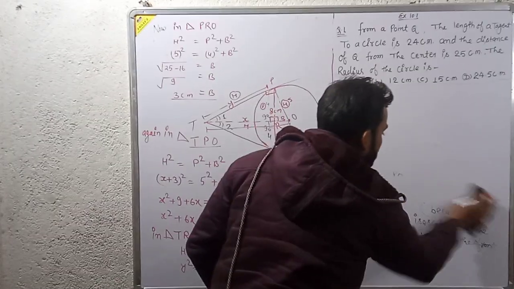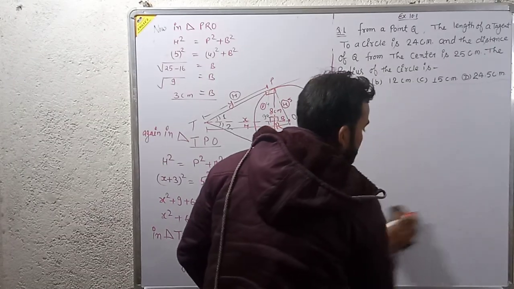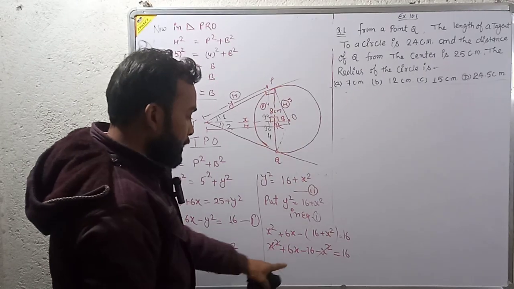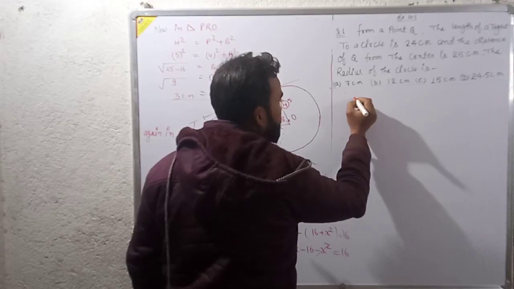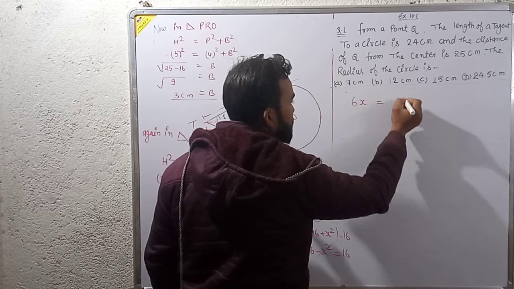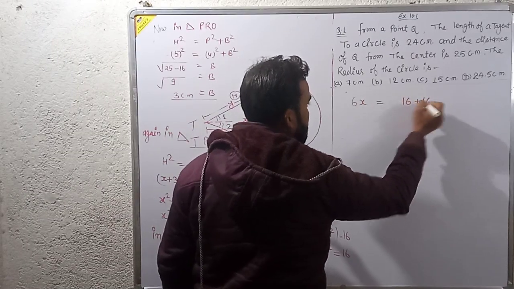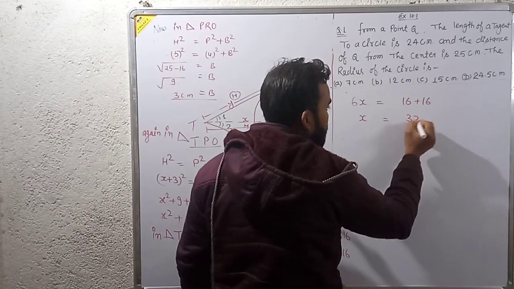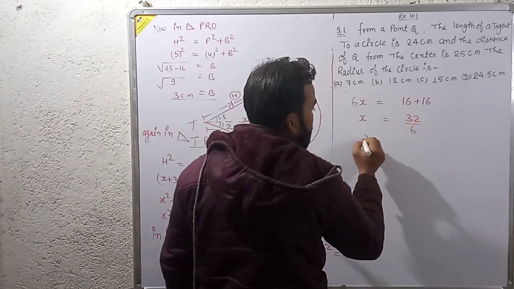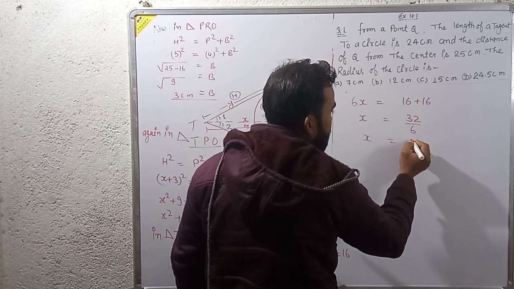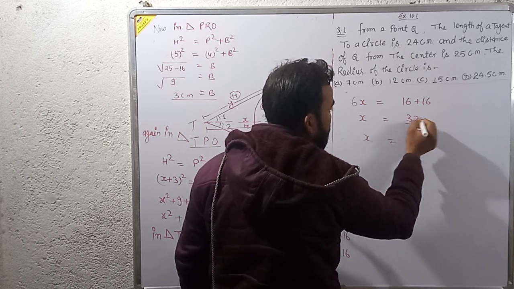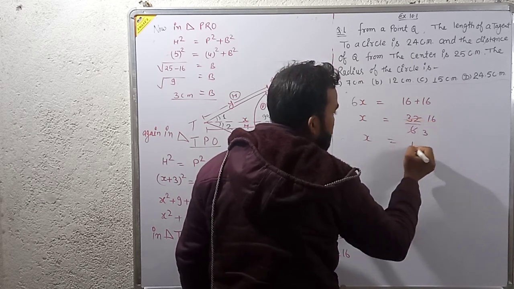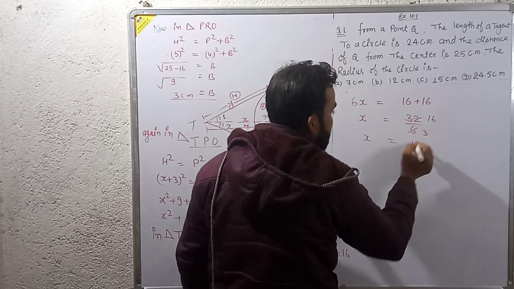Again, 6x is equal to 16 plus 16. x is equal to 32 divided by 6. x is equal to 16 divided by 3.